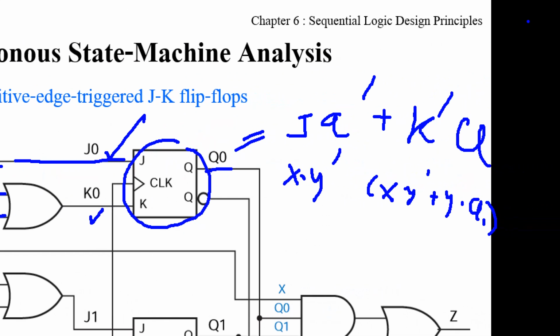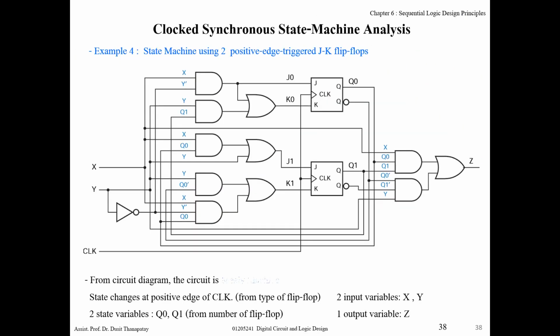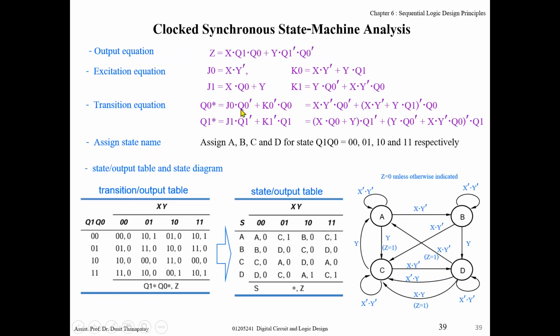This is K. That means you prime this and Q, Q itself, which is Q0. So you can determine the transition equation for the JK flip-flop by using this. Then, as the result of analysis, you get the output equation and the transition equation.